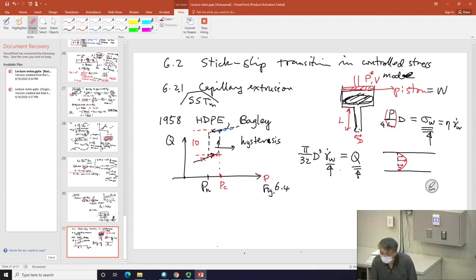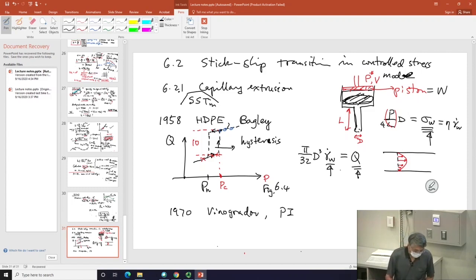Okay, so he is not alone. Later in the 70s, a Russian group, we know Vinogradov, got hold of lots of monodisperse polyisoprene type of material from his colleagues and did similar studies.